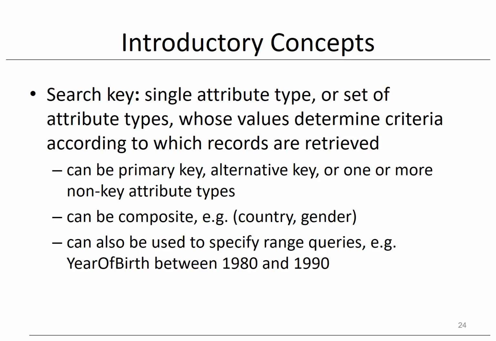A search key can be composite. For example, the search key country and gender with values US and F yields all female customers that live in the US. Finally, search keys can also be used to specify range queries. These are queries that retrieve all records where some attribute value is between a lower and upper limit, such as all customers with a search key value for year of birth between 1980 and 1990.